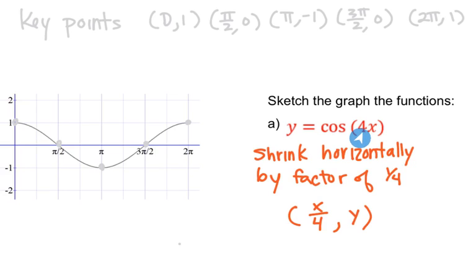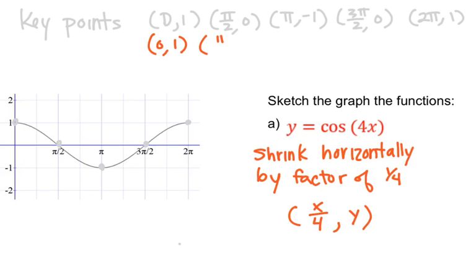And so you think, okay, it's on the inside. It's going to do the opposite of what we think. Normally, I'd look at that and go, oh, it's going to stretch by 4, but it's doing the opposite. It's shrinking horizontally. Each of my 5 x values, I'm going to divide them by 4 to get my new key points. So 0 divided by 4 is still 0.